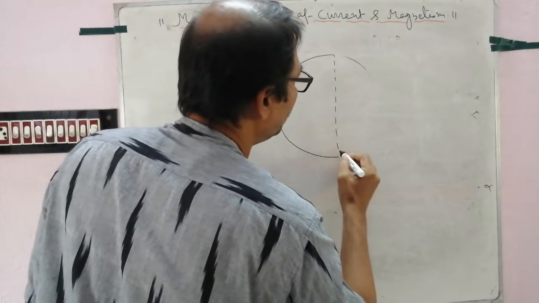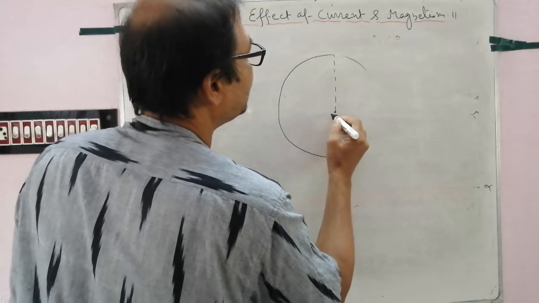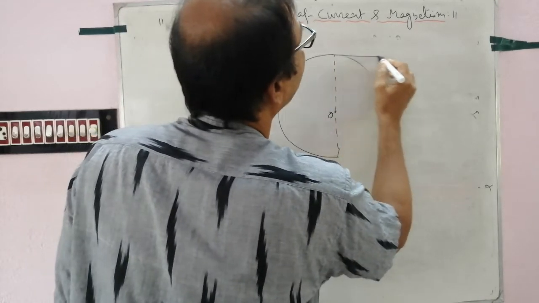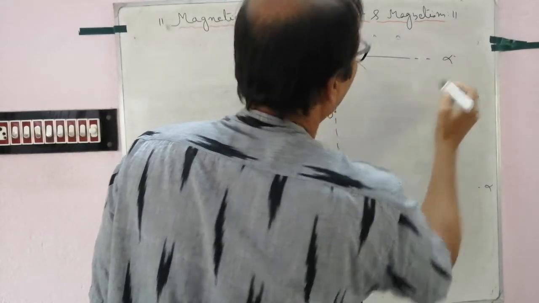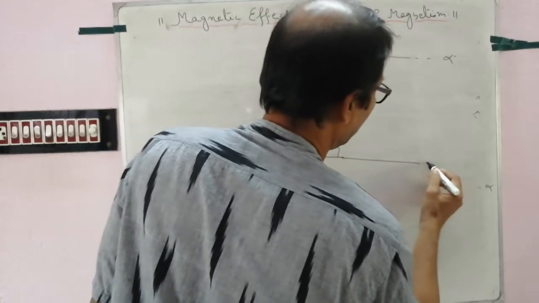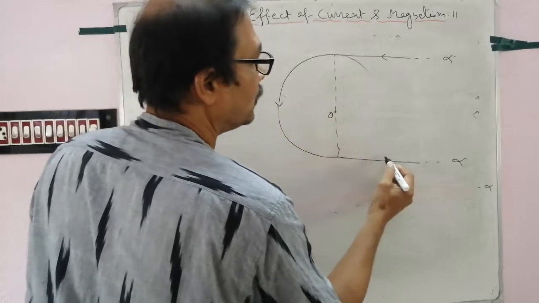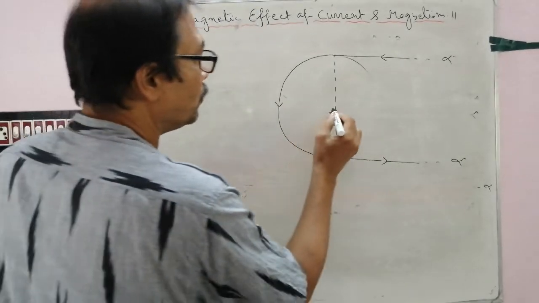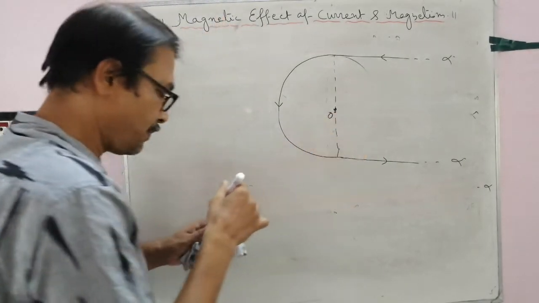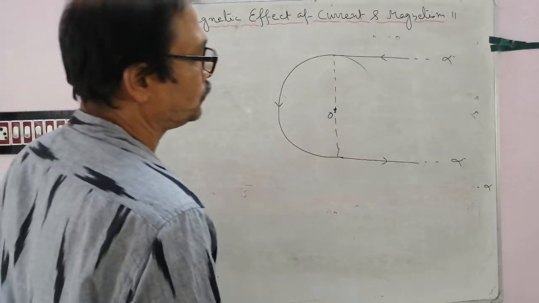Semicircular loop. This is the center. This is infinitely long. This is also infinitely long. What will be the magnetic field at the center? Follow.